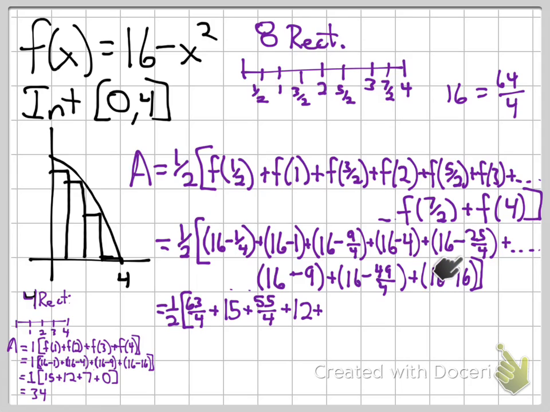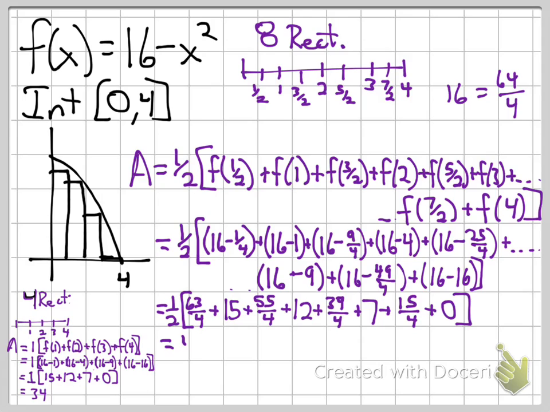Next we go 16 minus 25 fourths. 25 from 64, it's 39, so that's 39 fourths. Then we go 16 minus 9 is 7. 16 minus 49 fourths will be 15 fourths. And then the last one is 0, 16 minus 16.